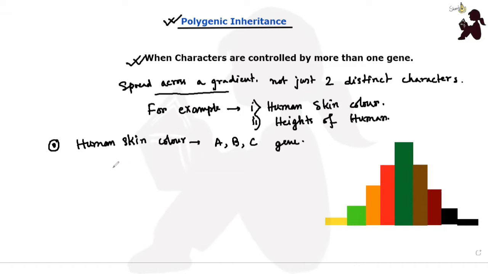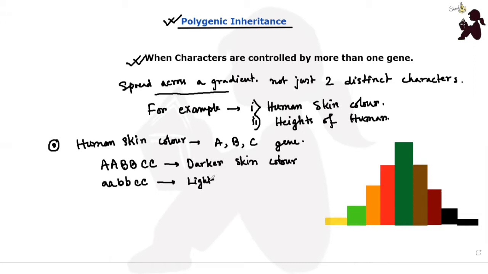The dominant genes, capital A, capital B, capital C, are responsible for the darker skin color, and the recessive traits, small a, small b, and small c, are responsible for the lighter skin color.